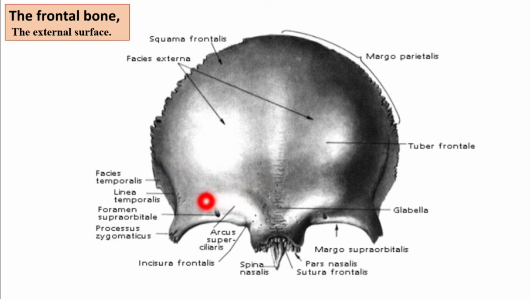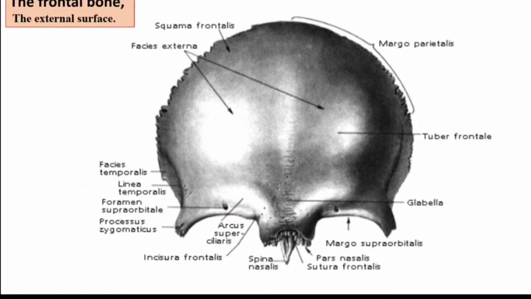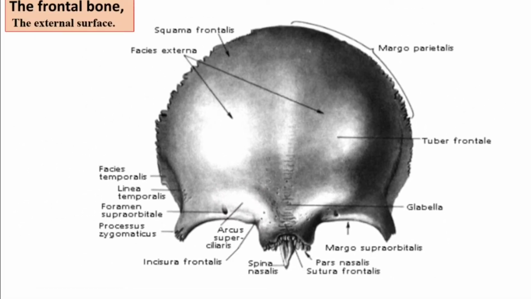If you look here, just above the orbit, this is called the superciliary arch, arcus superciliaris. And there you can see a foramen, the supraorbital foramen, foramen supraorbitale. You can see it here and here. On the medial angle here, there is a notch.